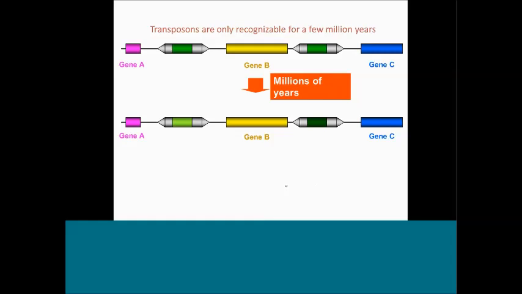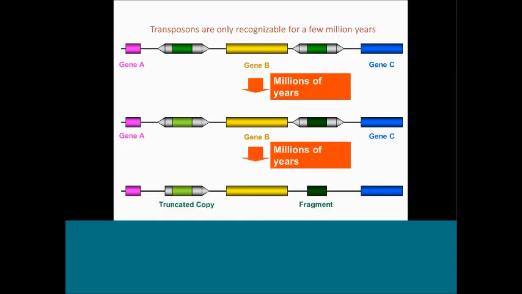When the elements stay in the genome even longer, more than several million years, they start to have more mutations or more insertions or deletions. In this case, the intact element structure won't remain. So for example, this element will become a truncated copy, and the other element will become a fragment.